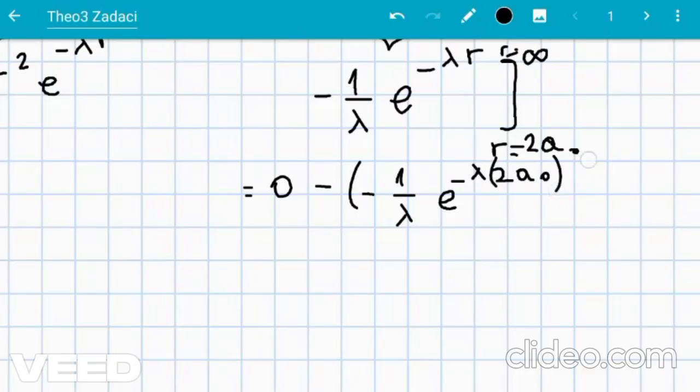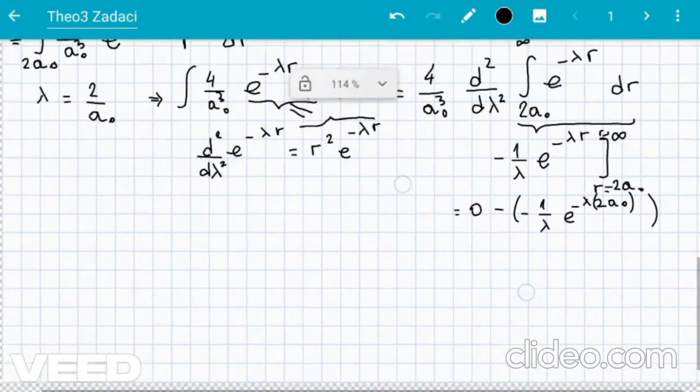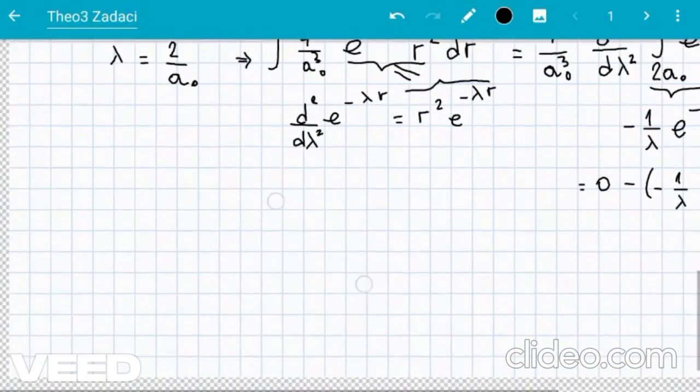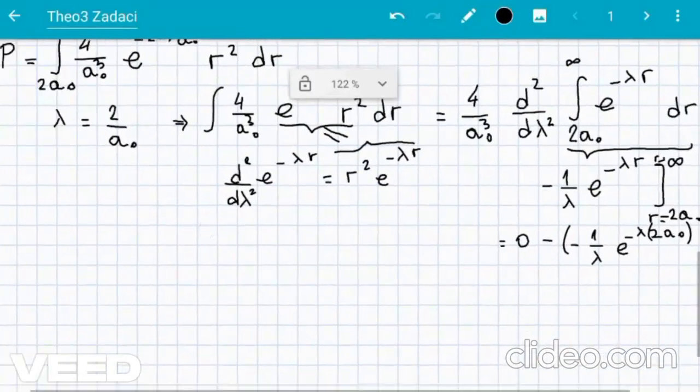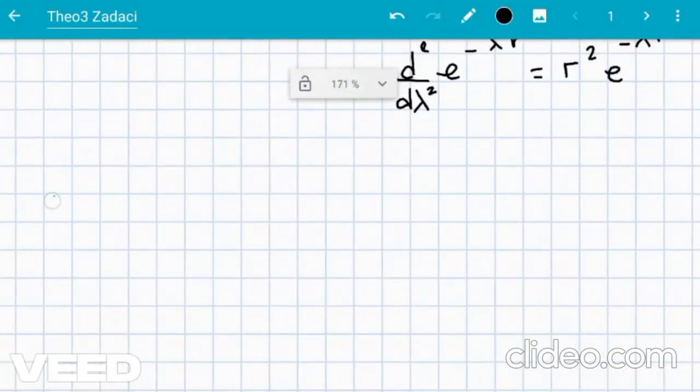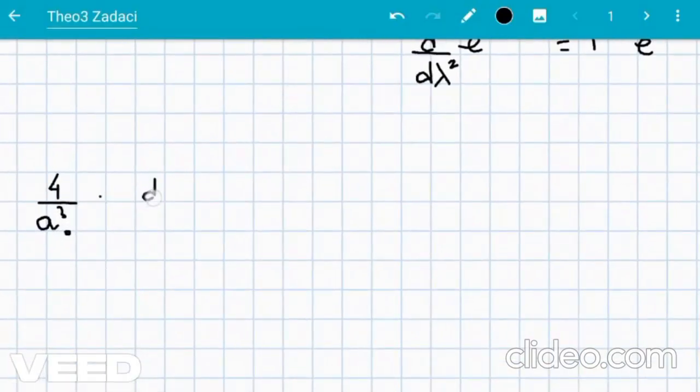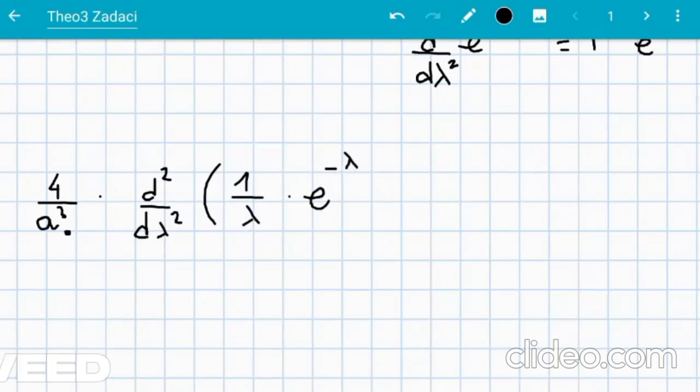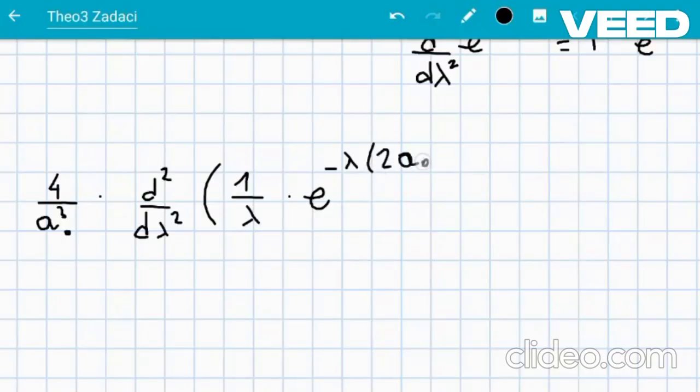So minus minus cancels, so that's just going to become a plus. And then we can go back to the whole expression, which was 4 over a naught to the power of 3 times the second derivative with respect to lambda of 1 over lambda times e to the negative lambda times 2a naught.